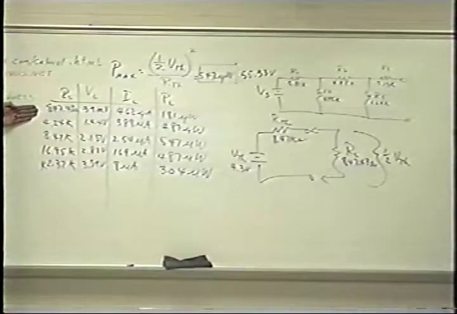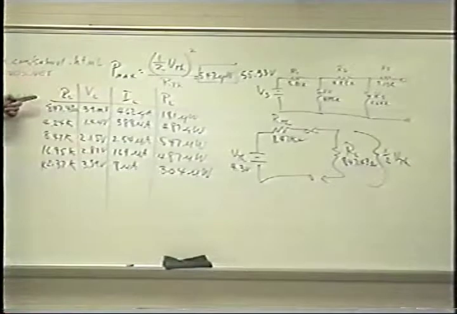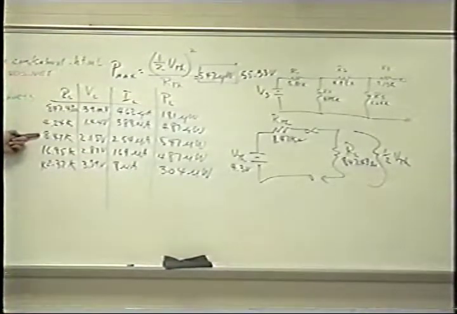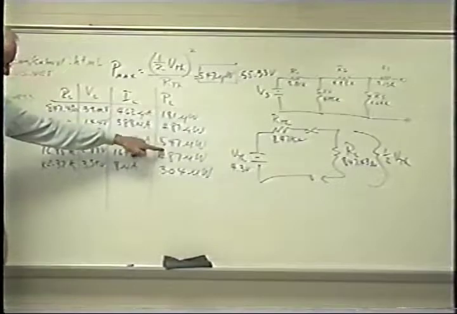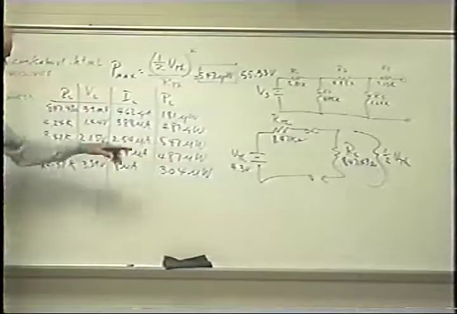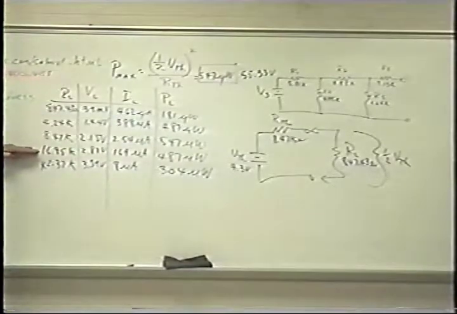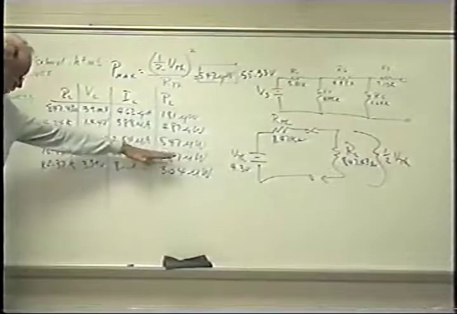This started out with a low value for the load resistance, something substantially less than the source resistance. We increased it, and as we increased it towards the Thevenin equivalent resistance, the source resistance, we saw that the power increased up to the maximum amount. If we increase the resistance of the load further, the power drops off.